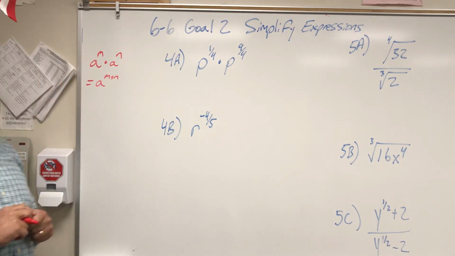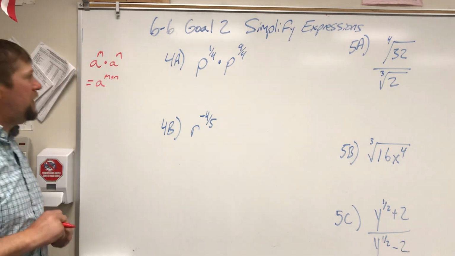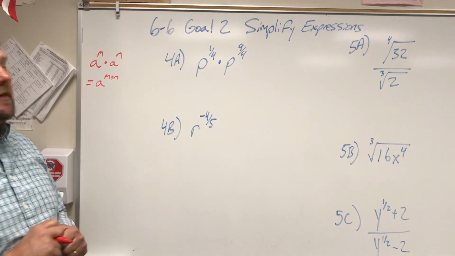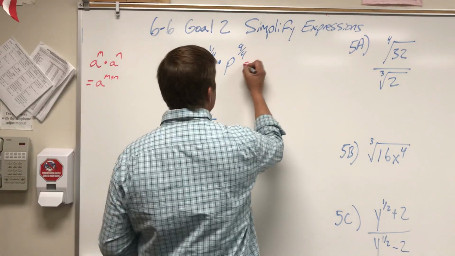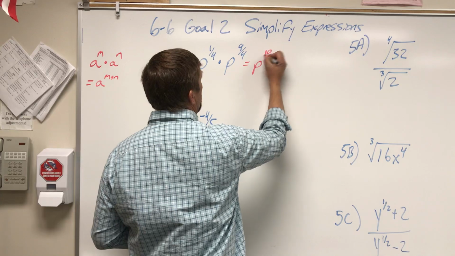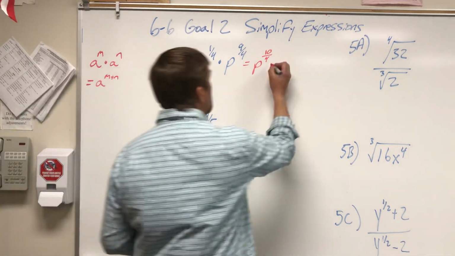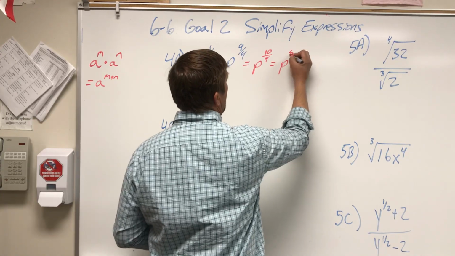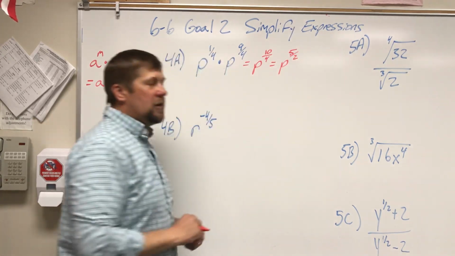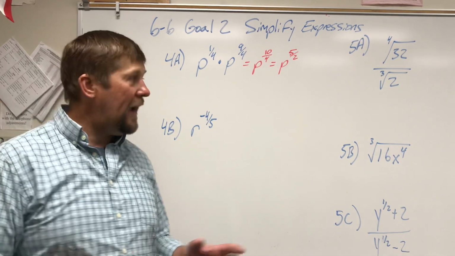Well, that's the same thing here. If I have p to the 1/4 times p to the 9/4, that's the same then as p to the 10/4. But of course that fraction can be simplified, and it should be simplified into 5/2. Now you don't have to write it as a radical.